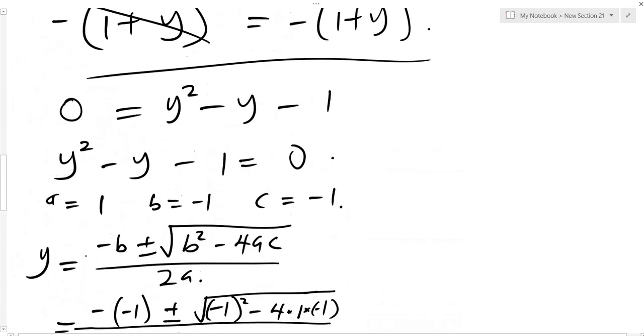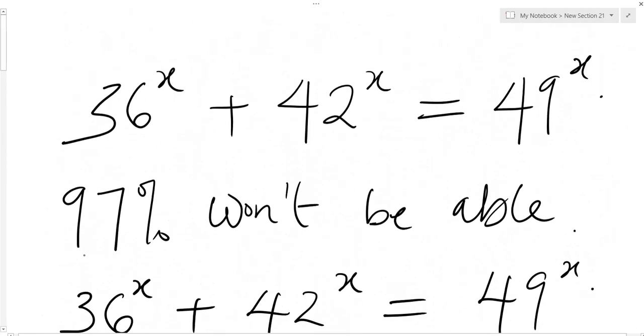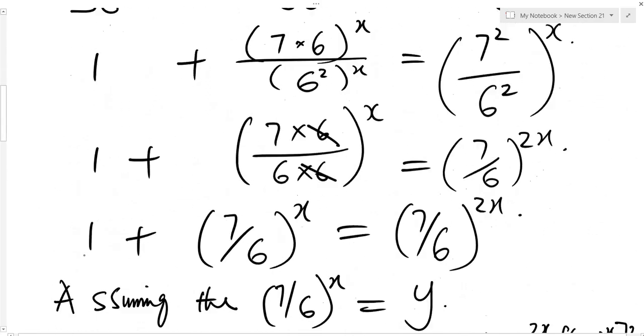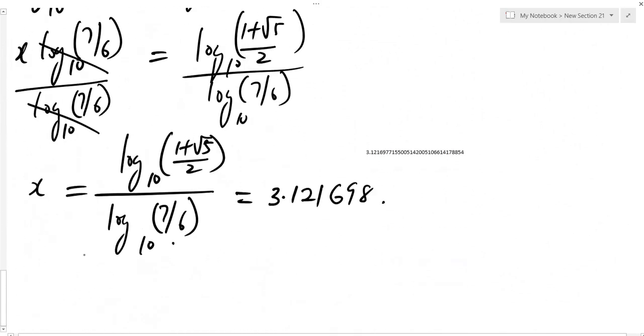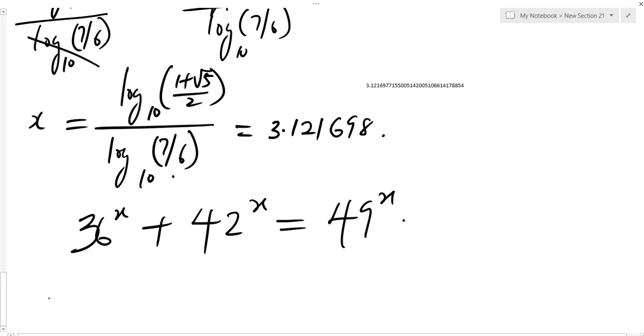Now let's use this solution to compare the result to see if it's okay. You have 36 to the power of x plus 42 to the power of x is equal to 49 to the power of x. Now let's look at the left hand side of the equation.